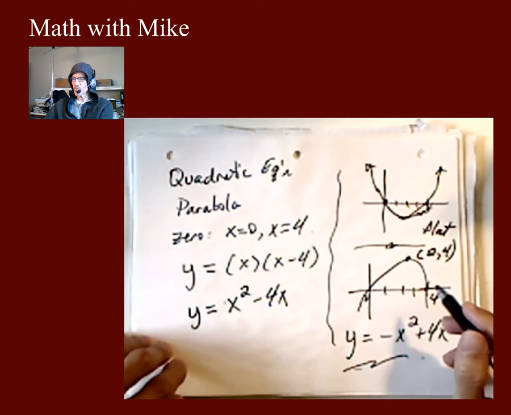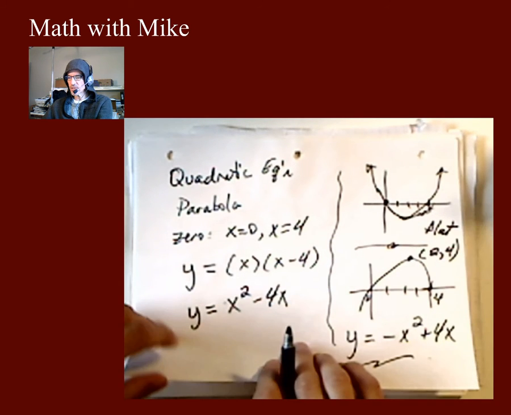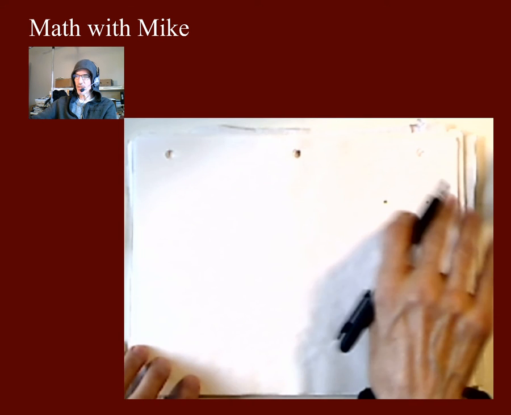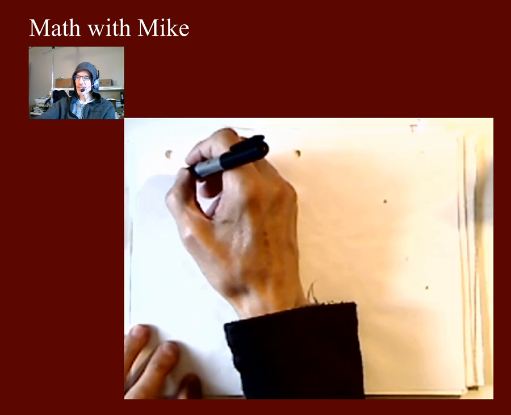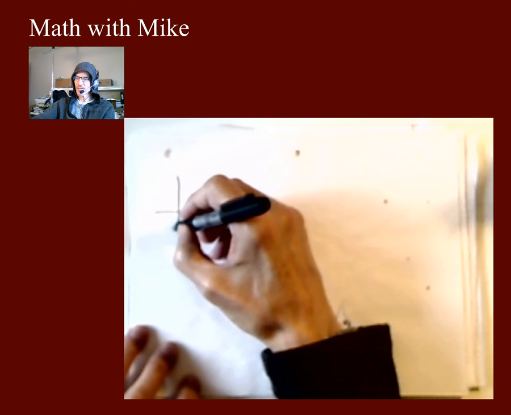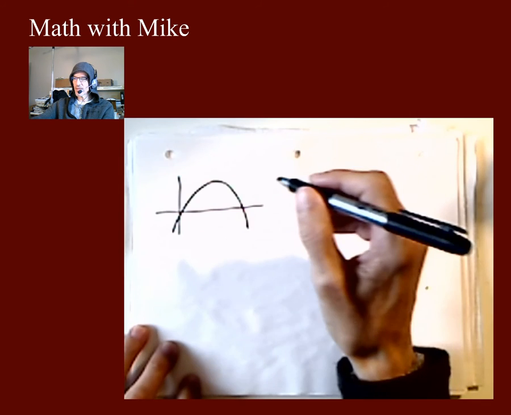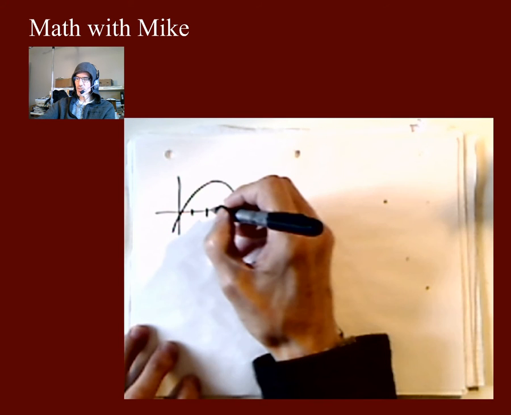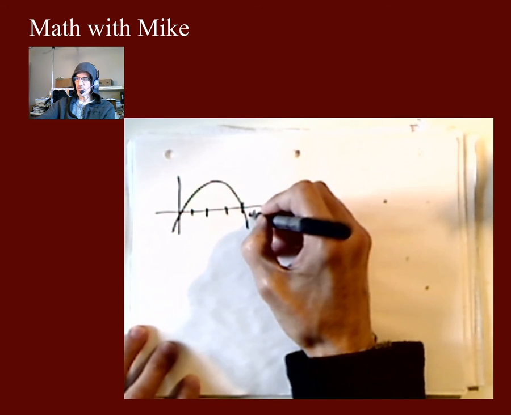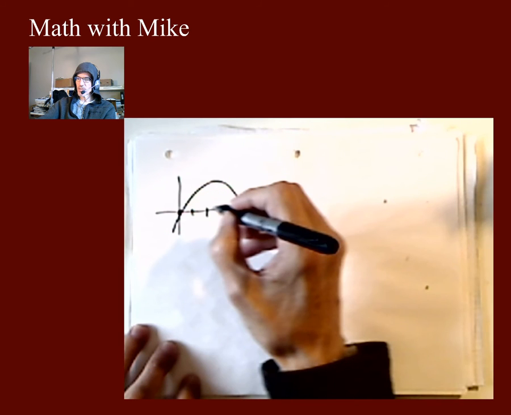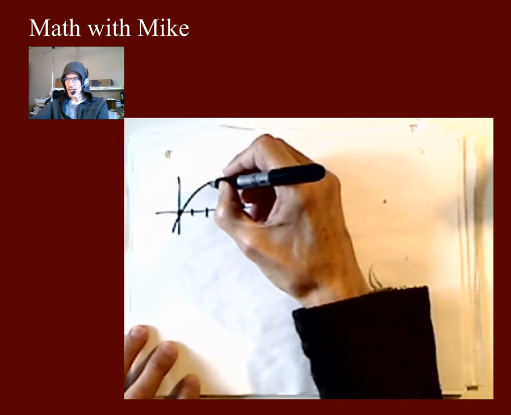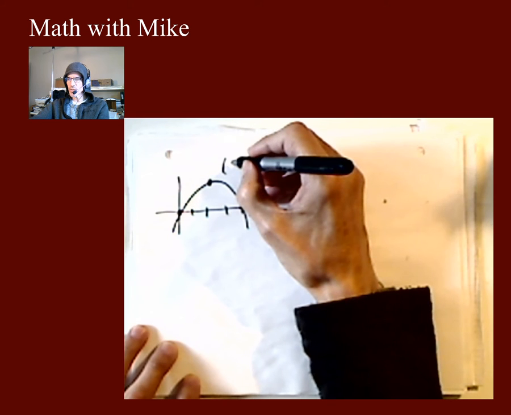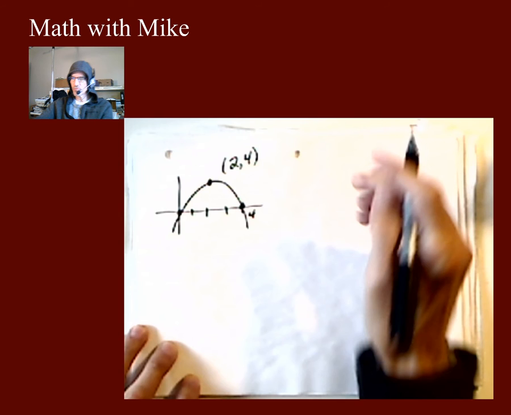Okay, so I'm going to redraw this picture on another page so we can see it at the same time. And hopefully it's a little nicer looking as well. So there it is. Maybe that's the trick. Draw the parabola first. Still at 4. Still at 0. And as we just saw, at 2 and 4 at the top.